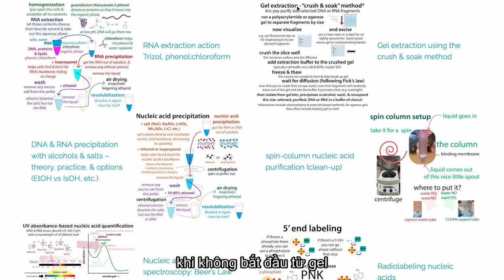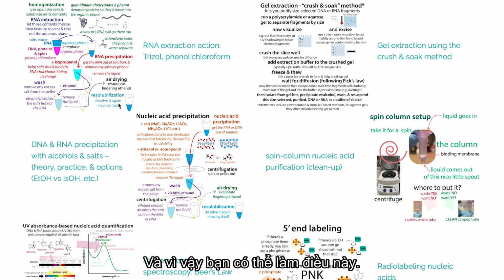Another way to get DNA or RNA purified, when we're not starting from a gel, if we're starting from some sort of solution or some sort of tissue, we often use a trizol extraction. So trizol is actually going to allow you to separate DNA, RNA, and proteins. Most commonly, you're using it to get the RNA, or at least I am.